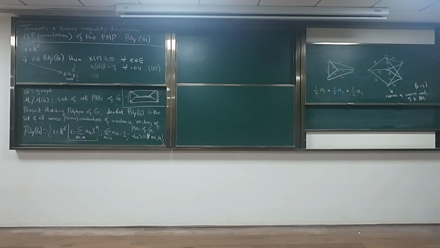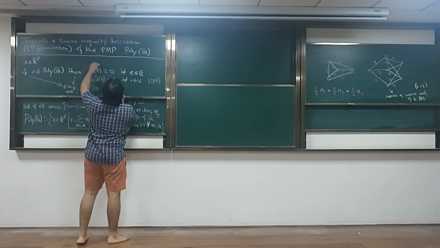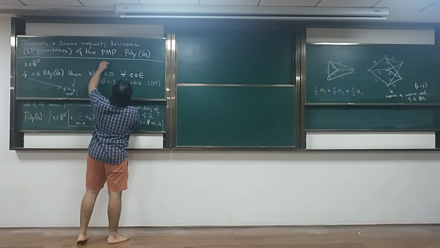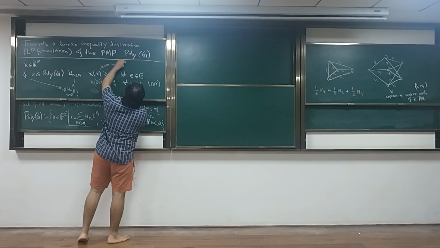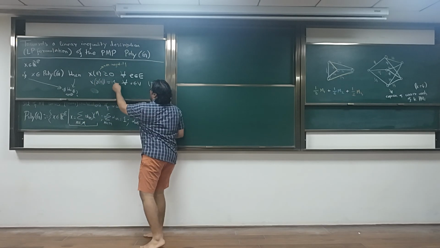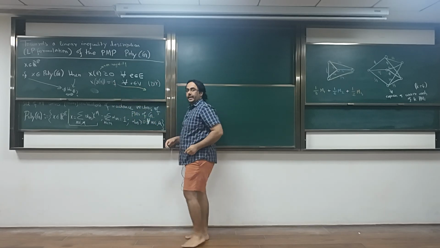When you come up with a graph and a vector, the vector should be non-negative and it should satisfy this constraint. I'll give it a name, by the way. Yeah, so these are of course called the non-negativity constraints. These are called degree constraints.